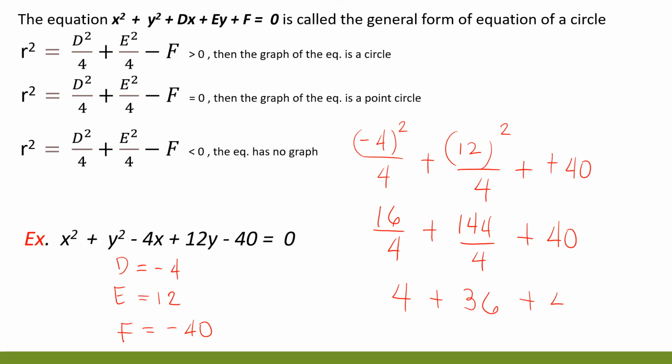And then plus 40. 4 plus 36 is 40, and 40 plus 40 is 80. And we know that 80 is greater than 0. That means the graph of this equation, again, is a circle.